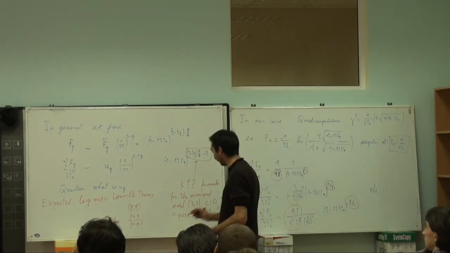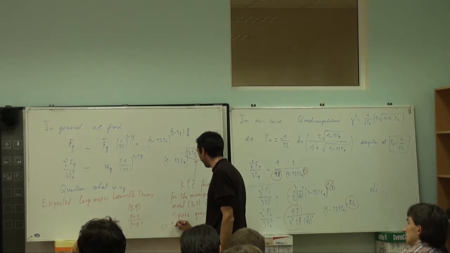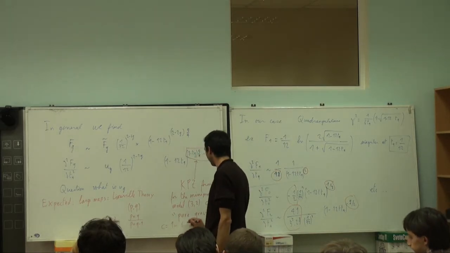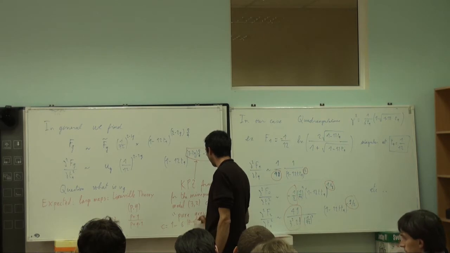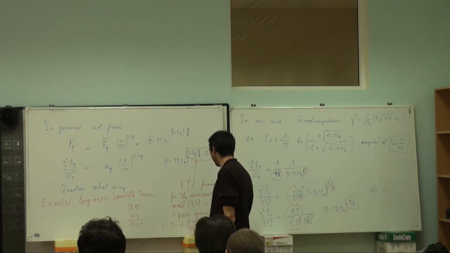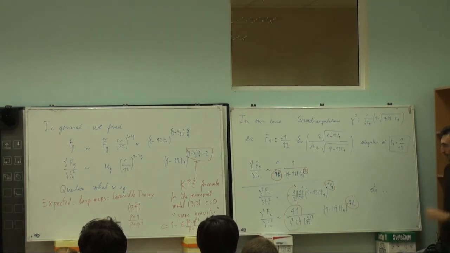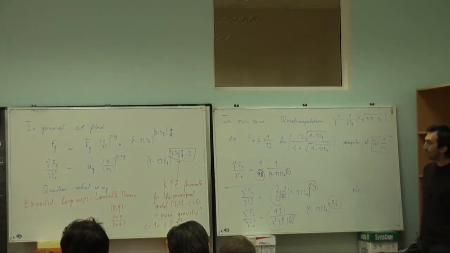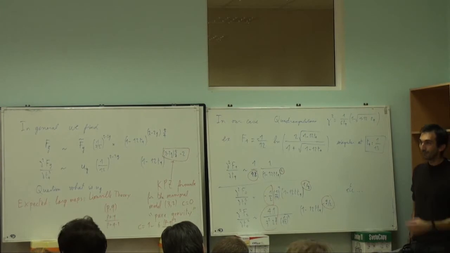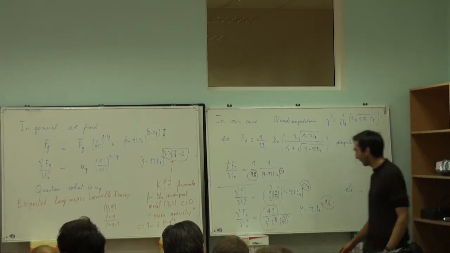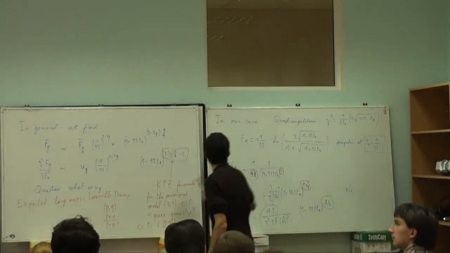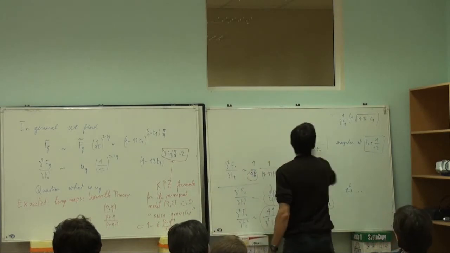And in general, the central charge for the PQ minimal model is 1 minus 6 (P minus Q) to the square over PQ. And you can check that for 3-2, this is 0.